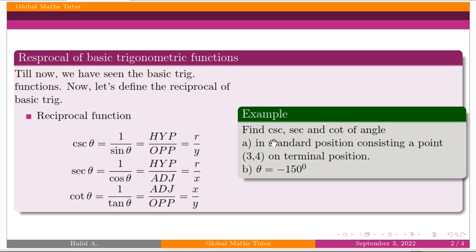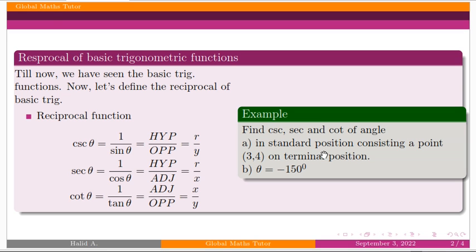As an example, let's find the cosec, sec and cot of an angle A in standard position with the point 3,4 on its terminal side, and for an angle theta given by minus 150 degrees.